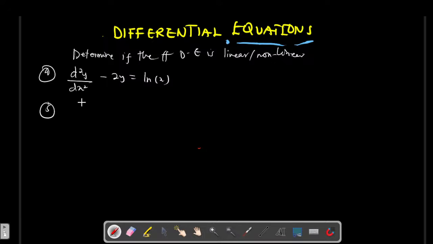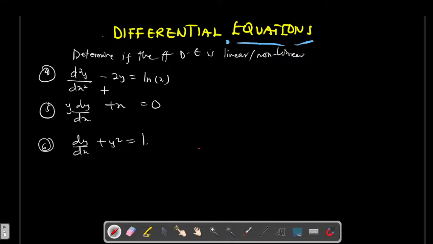The fifth one to be dy over dx plus x y is equal to 0. Then my sixth one, I have dy over dx plus y squared is equal to 1. So the question says we should determine if each differential equation will be a linear differential equation or a nonlinear differential equation.